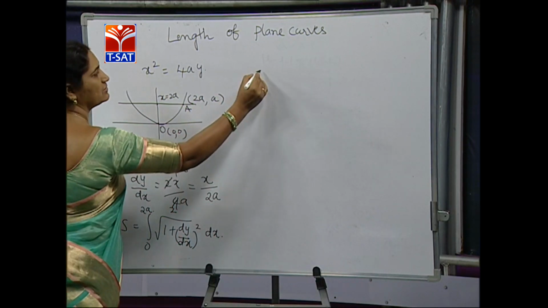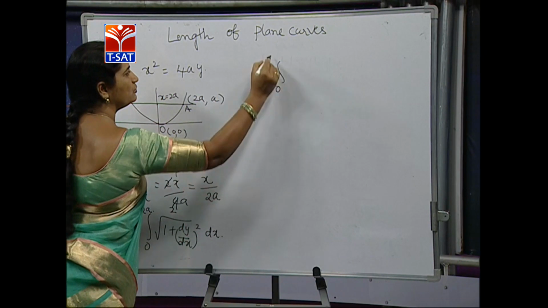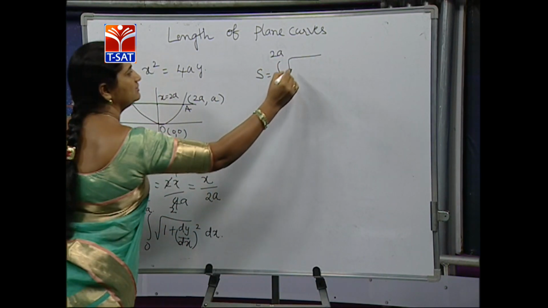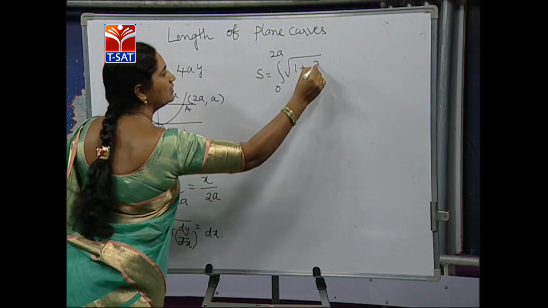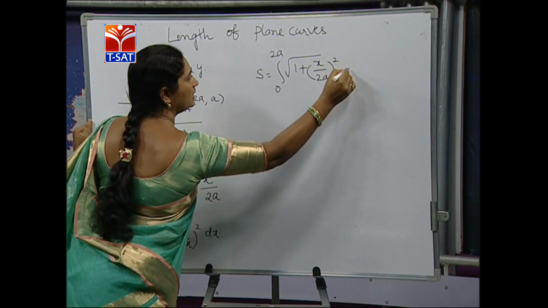What is dy by dx? dy by dx is nothing but x by 2a, so s is equal to integral 0 to 2a under root of 1 plus (x by 2a) whole square dx.